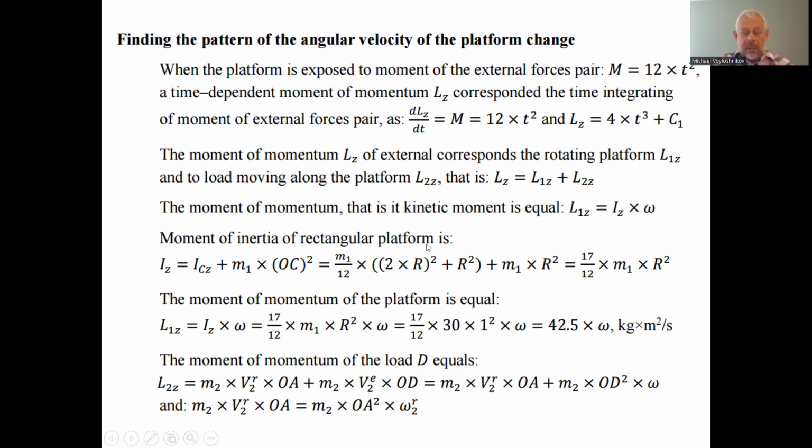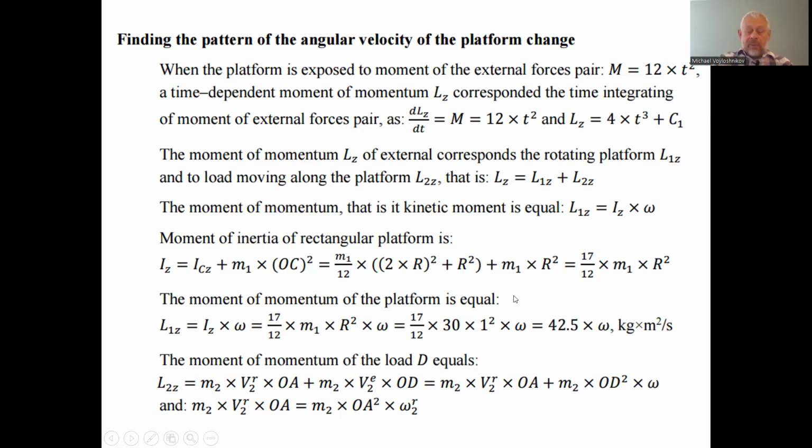The kinetic moment is equal to moment of inertia multiplied by angular velocity, just as momentum equals mass multiplied by translational velocity. The moment of momentum is equal to moment of inertia multiplied by angular velocity.